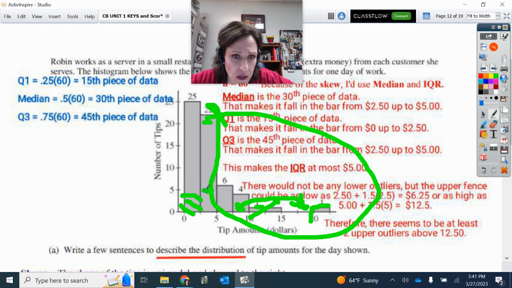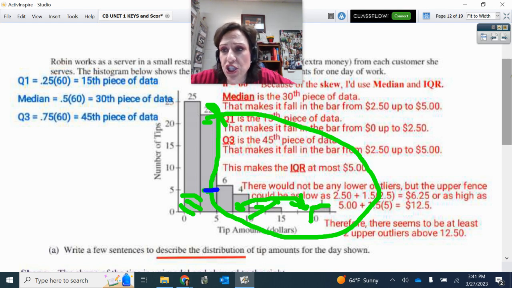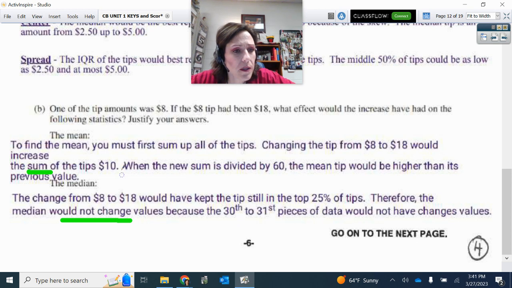So to get to that median, when I'm knocking off the low and the high and the low and the high and the low and the high, then I'm still knocking off all of this quartile to reach that middle. Therefore, it doesn't change. So let's look at how I wrote that out. The change from 8 to 18 would keep it in the top 25% of tips.